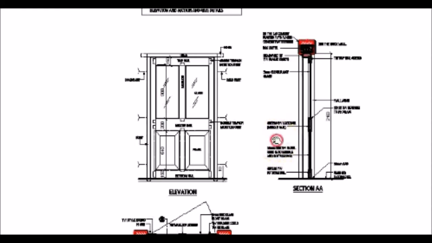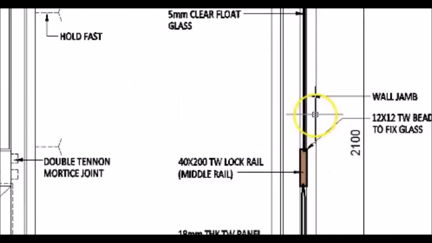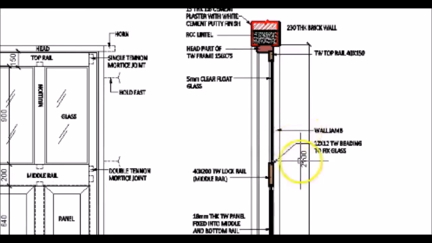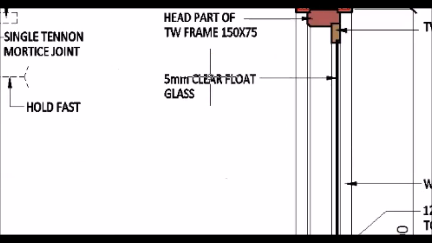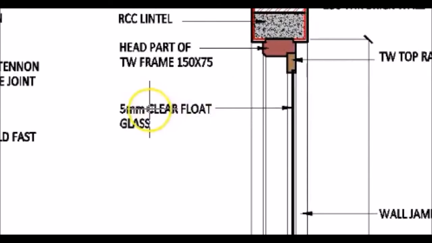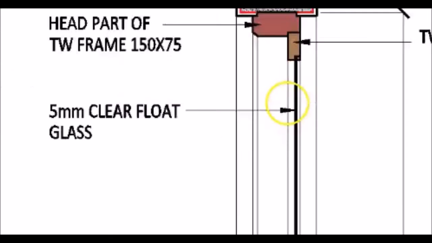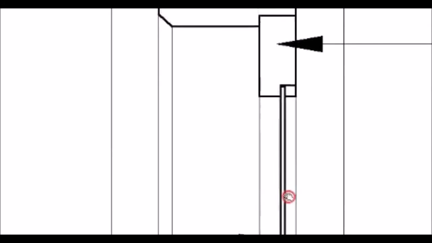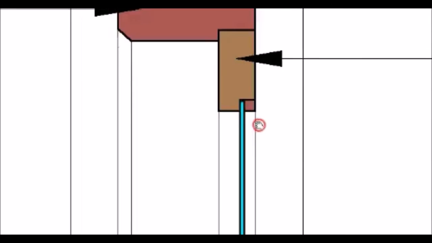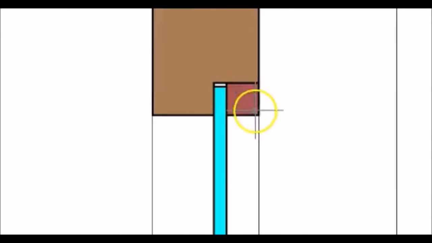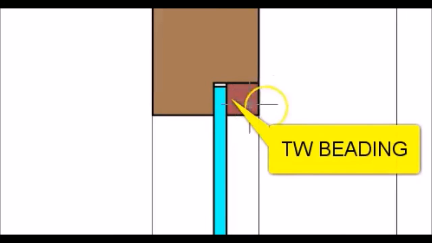Now let us look at the glass. The upper part of the shutter is going to have the glass. So as you can see here, the 5 mm clear float glass is seen here, and you will also see that the glass is fixed again with the help of the teak wood beading, which is going to be 12 mm by 12 mm.